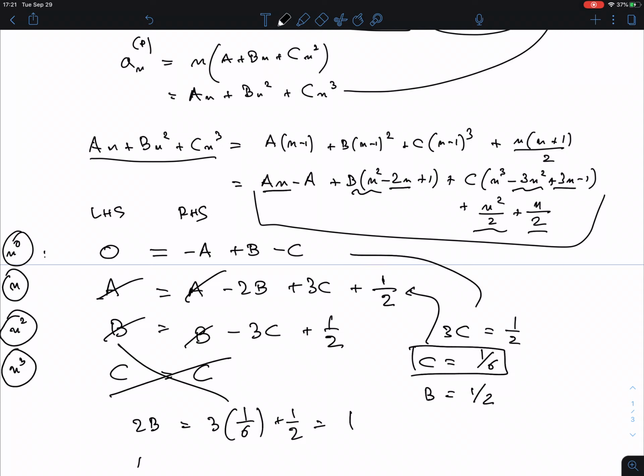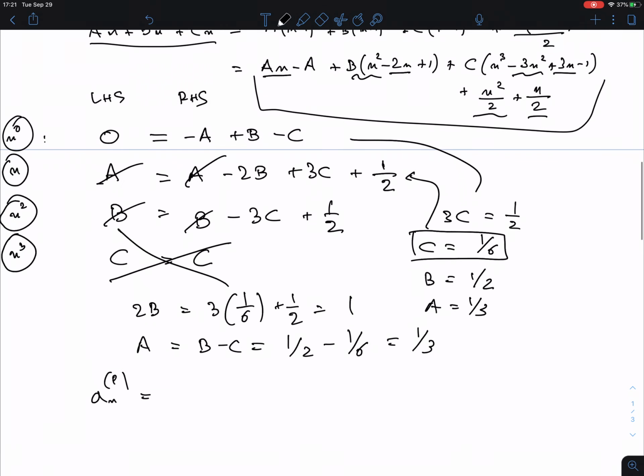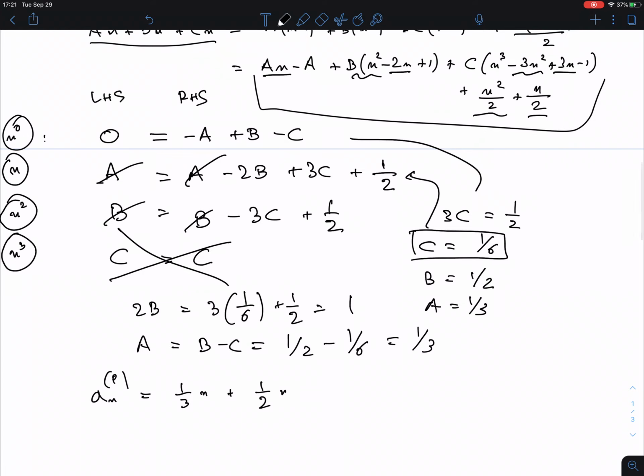We see that a, bringing the a to the other side, is b minus c, and b was a half and c was 1/6. So 3/6 minus 1/6 is 2/6, that's 1/3. So a is 1/3. So where we are at, the particular solution looks like 1/3 n plus a half n squared plus 1/6 n cubed.